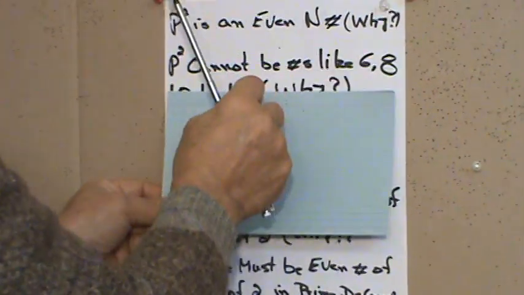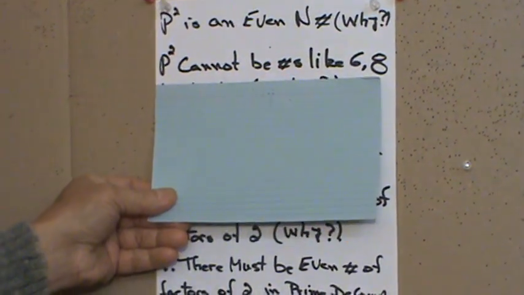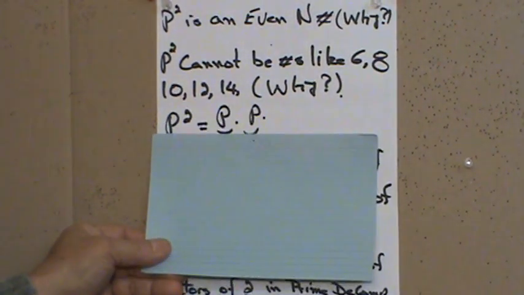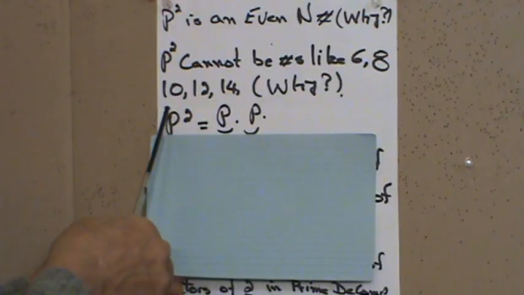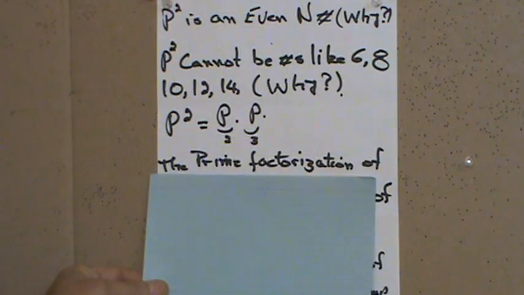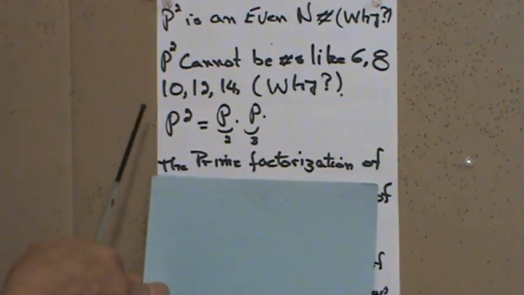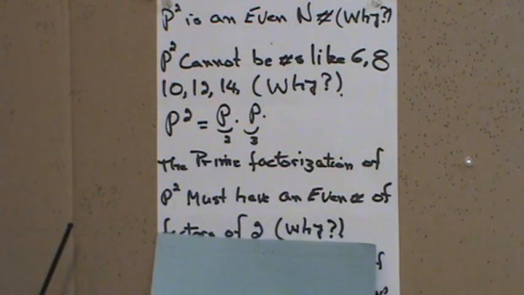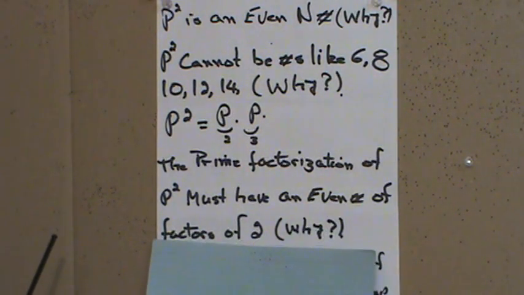Therefore, p squared cannot be a number like 6, 8, 10, 12, and 14, as I mentioned. Therefore, we know that p squared is p times p, the same p, is that right? So the prime factorization of p squared must have an even number of what? Of factors of 2. Why?